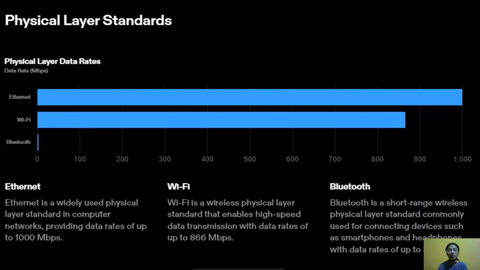Whereas Bluetooth is a short-range wireless physical layer standard commonly used for connecting devices such as smartphones or headphones, with a data rate of up to 3 Mbps.